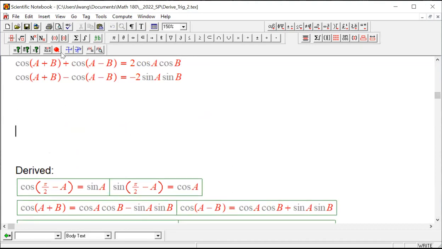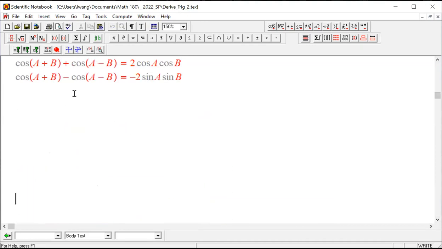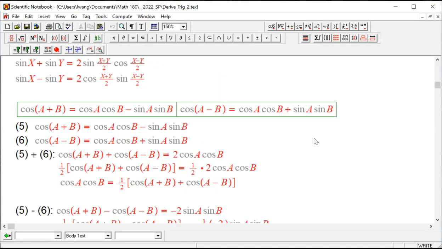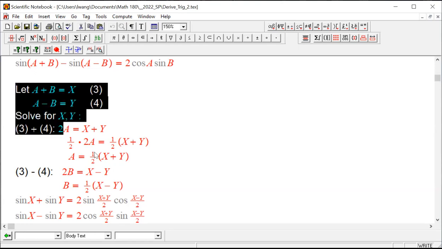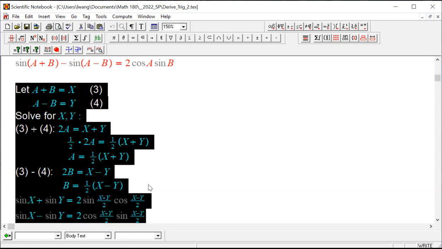Very similar to what we did before, right? We're doing this for the second time. Basically, A plus B is X, A minus B is Y. So this is going to be a repeat of this piece of work, a repeat of that piece of work.